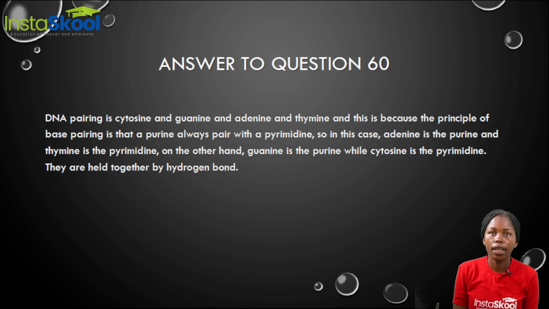So in this case, adenine is the purine, while thymine is the pyrimidine. On the other hand, guanine is the purine, while cytosine is the pyrimidine. These bonds are held together by hydrogen bonds.